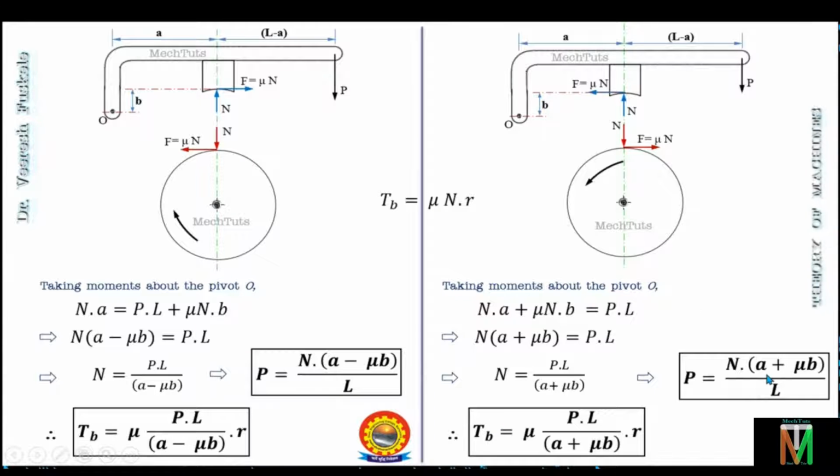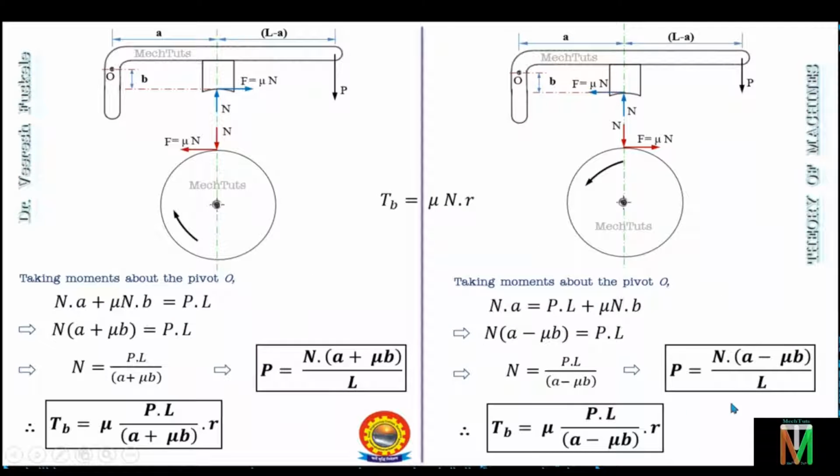So these are the equations for the configuration when the fulcrum point is below the line of action of the friction force, for clockwise and anti-clockwise rotation. We can observe that we have already seen these equations earlier. Where? They are similar to the equations we just derived for the case when the fulcrum point is above the line of action of the friction force.